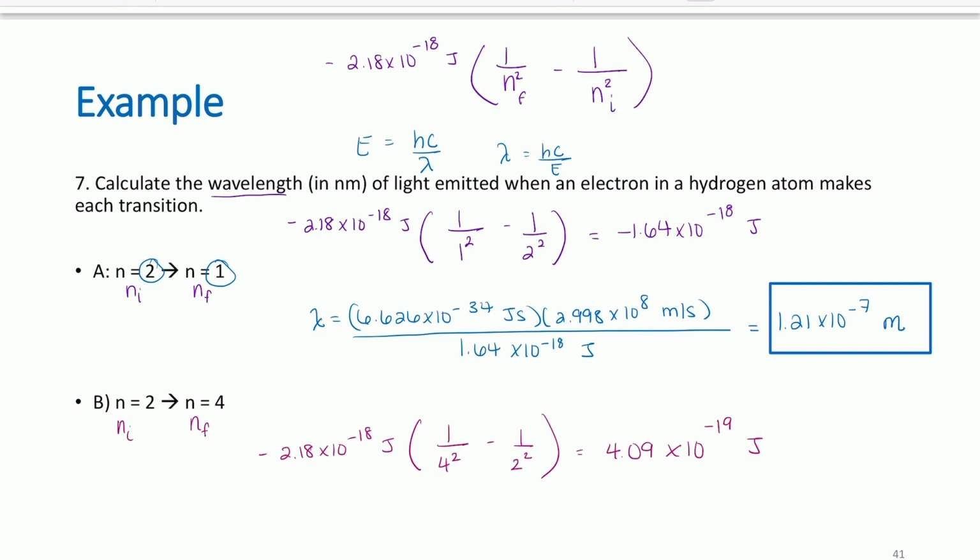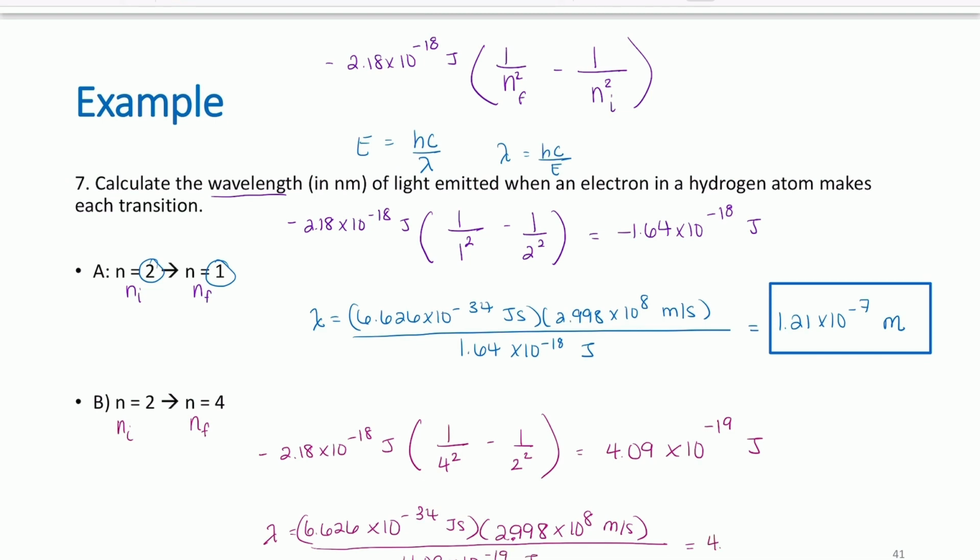Plug all of this in. h is 6.626 times 10 to the minus 34 joule seconds. Speed of light is 2.998 times 10 to the 8th meters per second. And the energy we just calculated, 4.09 times 10 to the negative 19th joules.